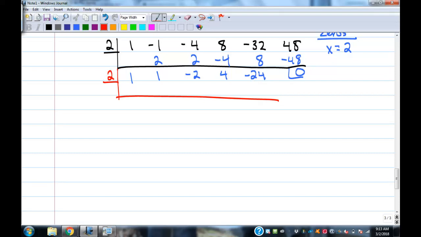Same process. Drop the 1 down. 2, that's 3, 6, 4. There we go. I'm not sure that 2 will work again. If I try it, we'll know.